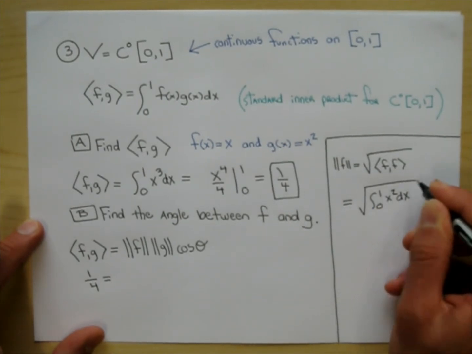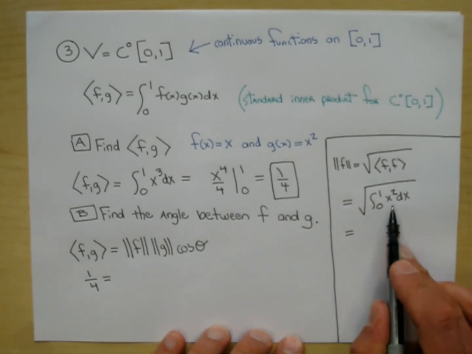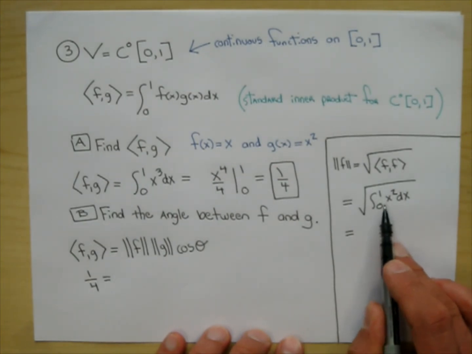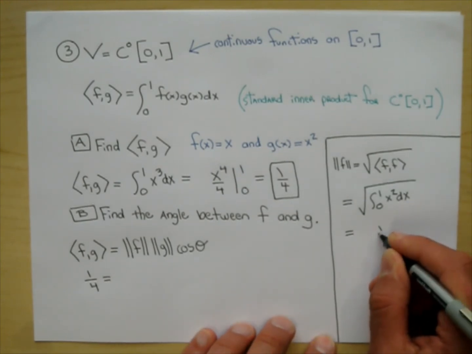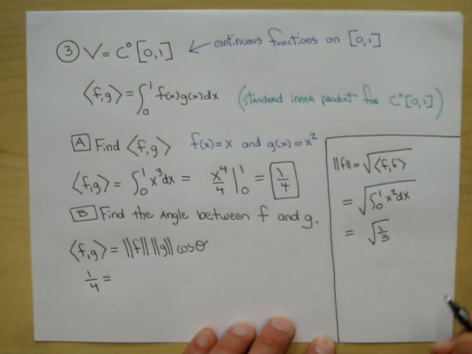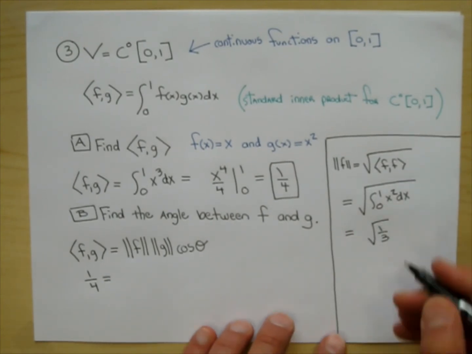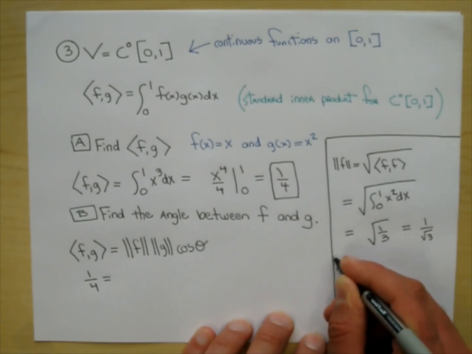Of course, there's a square root there. And then what do we have? We have x cubed over 3, evaluated from 0 to 1, is going to be 1/3. So we have that right there. Or if you like, 1 over root 3.